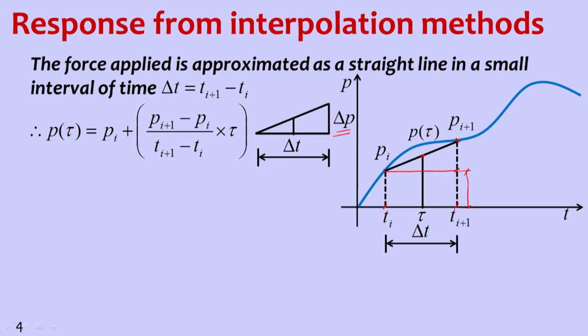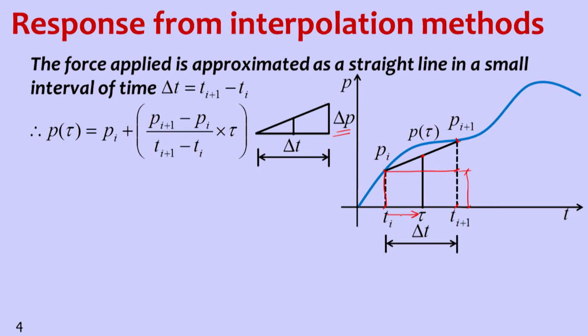First of all, pi will anyway be there, and then we need to find out the slope of this ramp. The slope of that ramp is delta p by delta t. So delta p is pi plus 1 minus pi, divided by delta t, that is ti plus 1 minus ti, multiplied by tau. Tau is measured from here to here. Tau can be 0 and tau can be delta t, so tau's range is 0 to delta t.